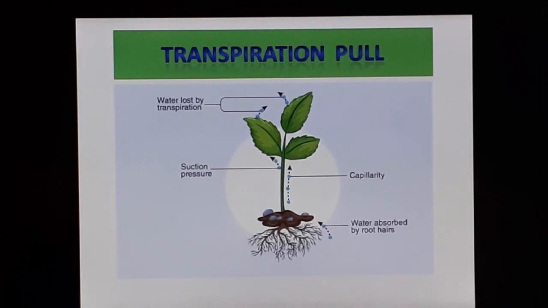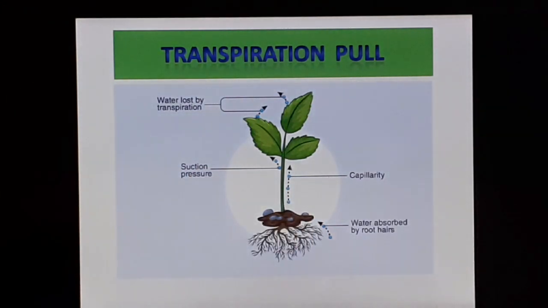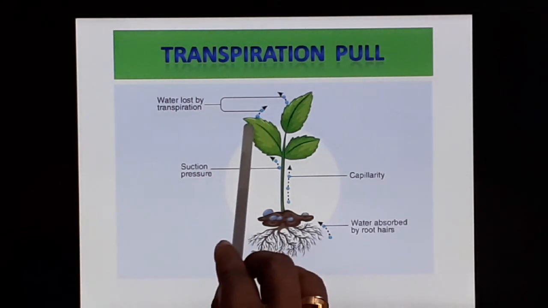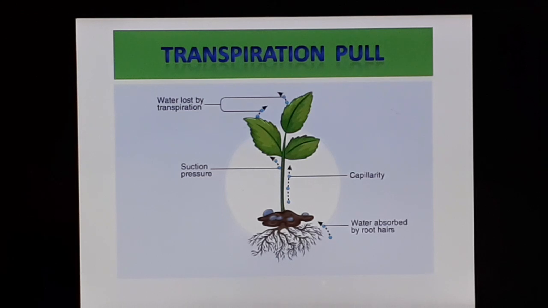As you know, transpiration is the process of releasing water from the leaves into the atmosphere through the stomata in the form of water vapor.